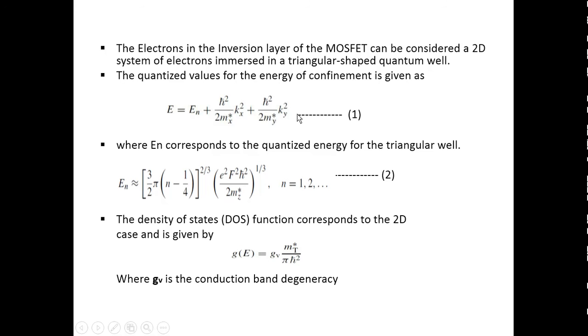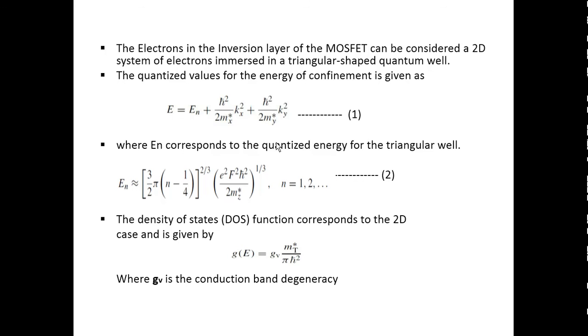The three-dimensional plane wave motion is confined to a two-dimensional k vector, isn't it? That is the two-dimensional electron gas motion on the k vector.